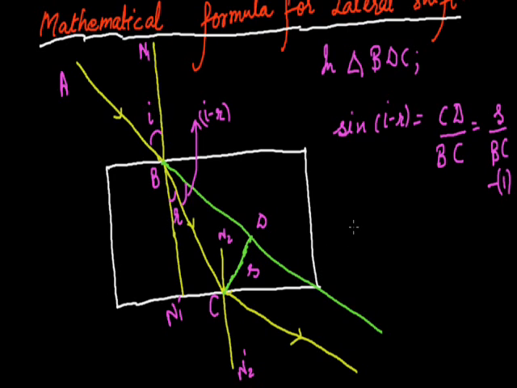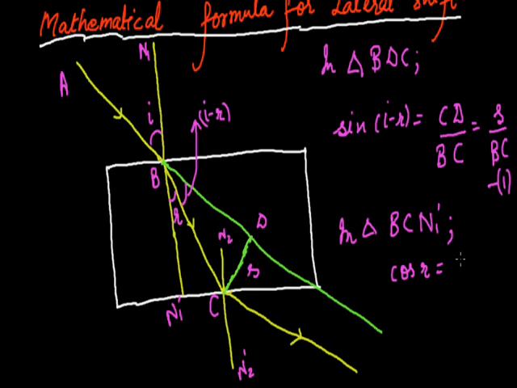Now in triangle BCN1 dash, if we take the cos of this angle R, say cos R, then this value should be equal to base upon the hypotenuse. Here the base is BN1 dash and the hypotenuse is BC.